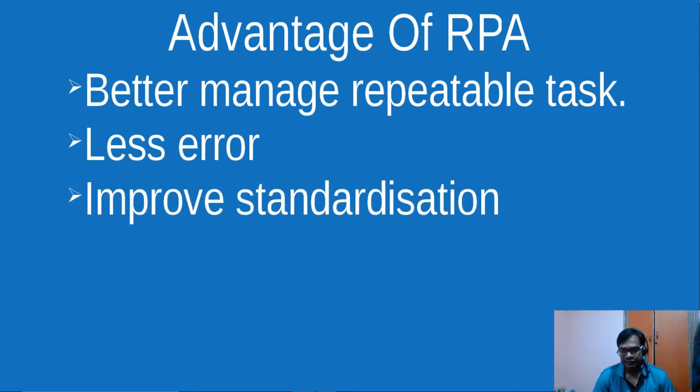Improved standardization. See, take the example of an employee who works on a particular process for a longer period of time. Suddenly, he has to move from one organization to another, or within the organization to a different process. In that case, the organization has to either hire a new person or bring a human being from another process.